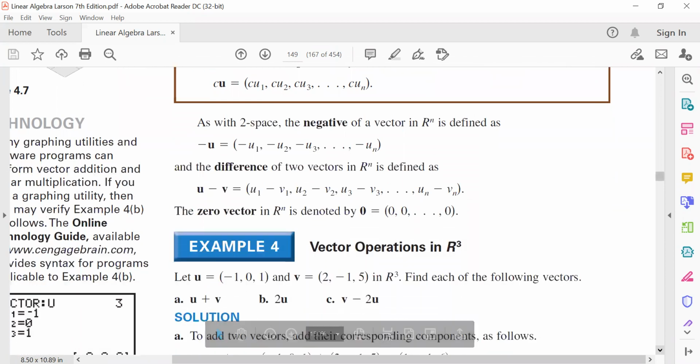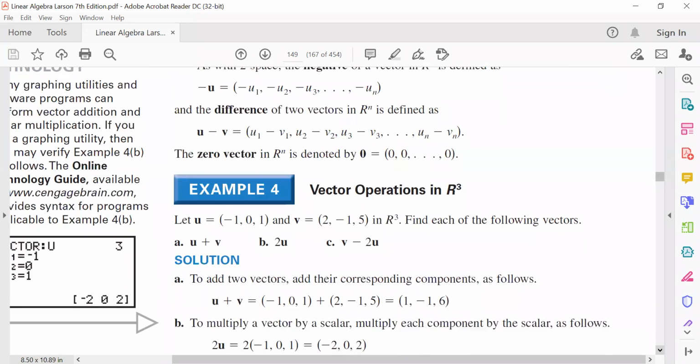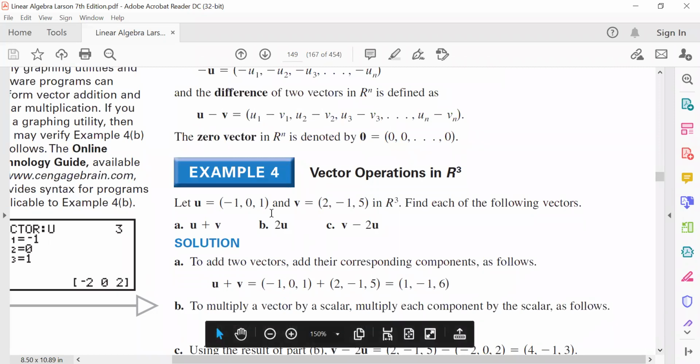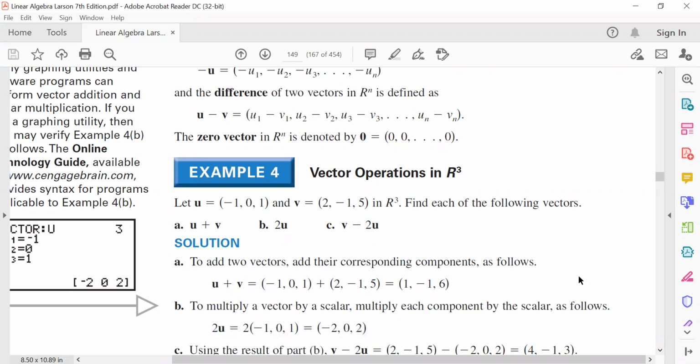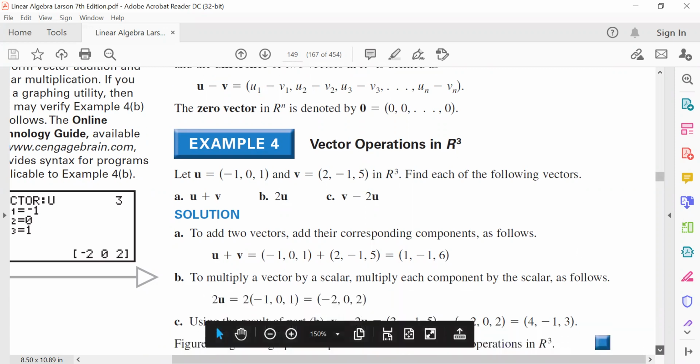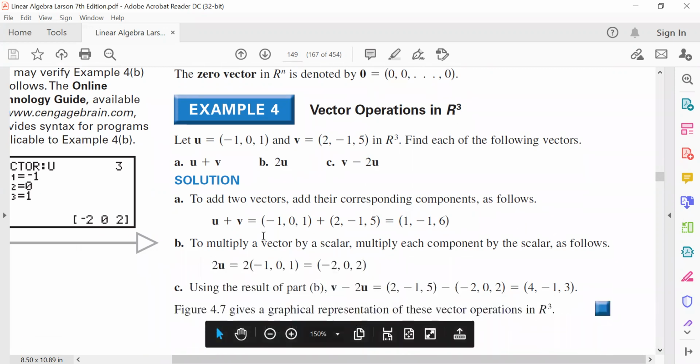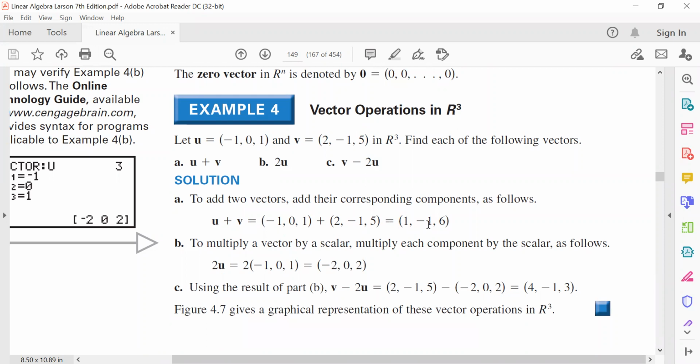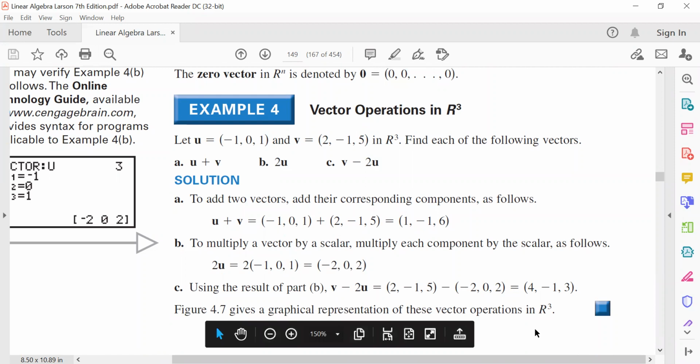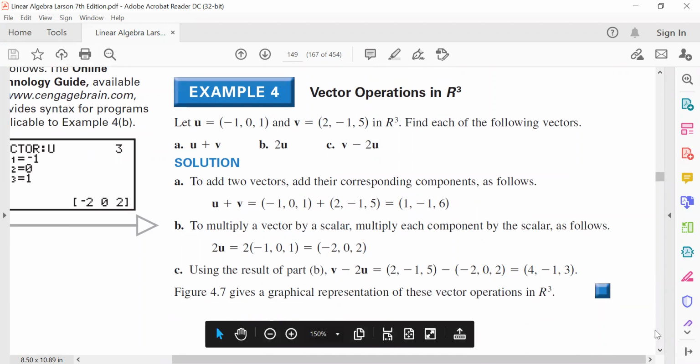Here are three-dimensional vectors, R3, we call it R3. When you add u plus v, you just add -1 plus 2, 0 plus -1, 5 plus 1, and you get 1, -1, 6, all the way down the line. It's all the same. Same old.